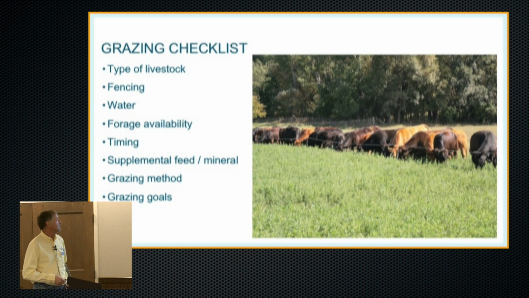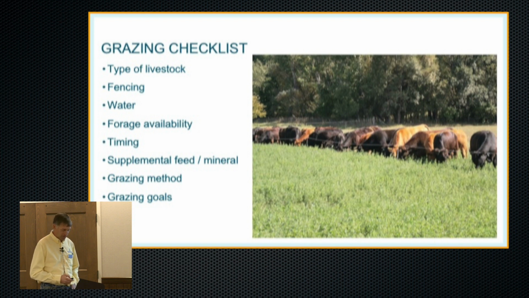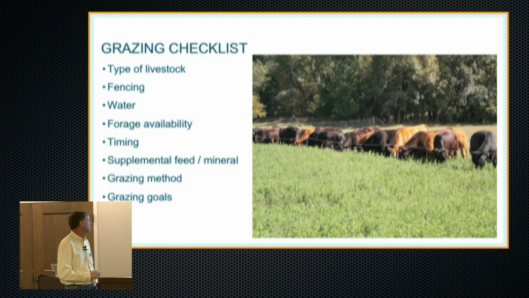Okay, grazing checklist. If you're going to graze, there are, I guess, a process or some things you've got to work through and answer. Type of livestock, which is going to tie right in with your fencing. If you're going to do cattle, poly wire and step-in posts is relatively cheap.